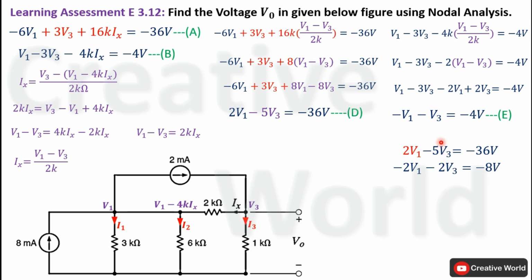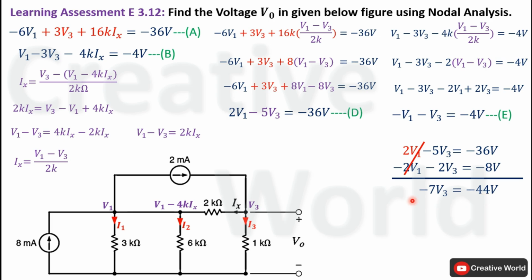Now add these equations together. The sum of 2V1 and minus 2V1 will cancel out with each other. Sum of minus 2V3 and minus 5V3 will become minus 7V3. And here sum of minus 36 volt and minus 8 volt will become minus 44 volt.